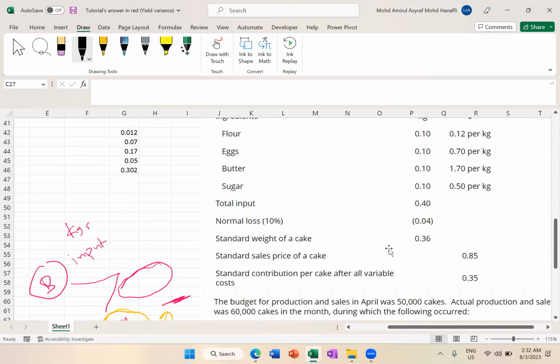So your cake must be 0.36 kg, understand? One cake is 0.36. If you really use exactly 0.36, it comes out as 0.36, no problem. Because you do want 0.36, but the thing is, there will be a normal loss.